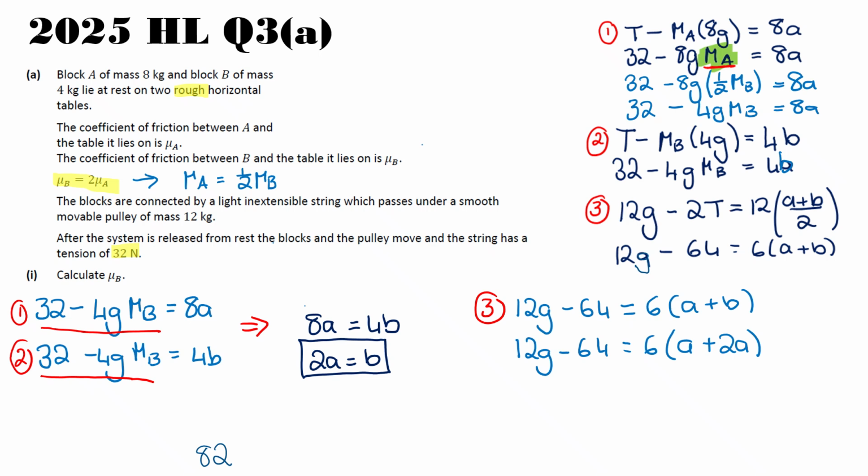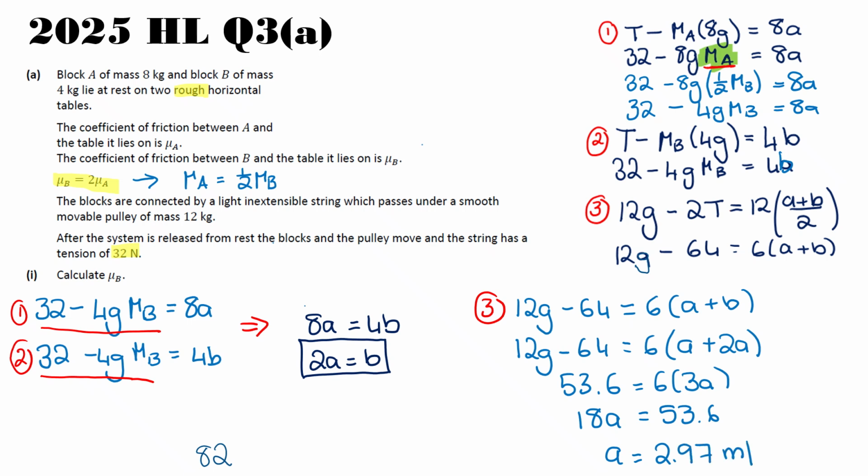So 12 by 9.8 gives us 117.6 minus our 64. That's giving us 53.6. And that equals 6 times 3a. So that gives us 18a is equal to 53.6. Dividing both sides by 18 is going to get us to a is equal to 2.97 meters per second squared.